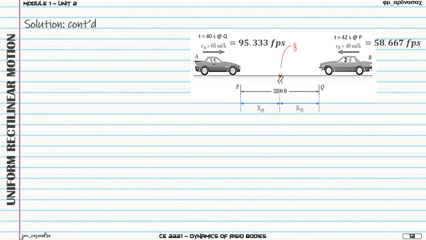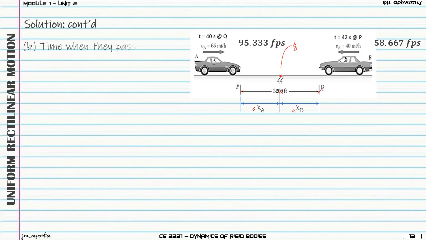So point G will be defined by the distance of XA and XB, which is the distance traveled by vehicle A from point P to G, and XB, which is the distance traveled by vehicle B from point Q to G. Okay?